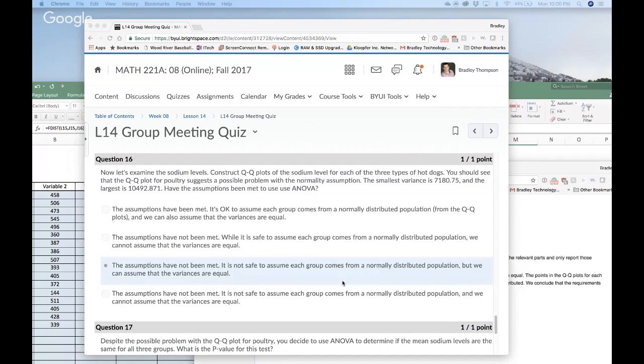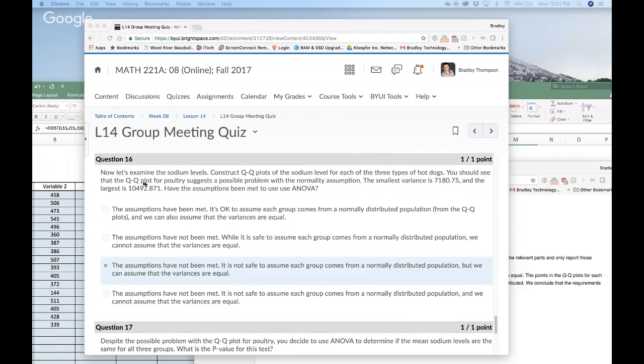Okay. So 16, I'm not sure about. Let's look. It says you should see that the QQ plot for the poultry suggests a possible problem with normality. The smallest variance is 7,100 and the largest is 10,500. Have the assumptions been met? Assumptions have not been met. It is not safe to assume that each comes from a normal population, but we can assume that the variances are equal. Okay, maybe I do get it.